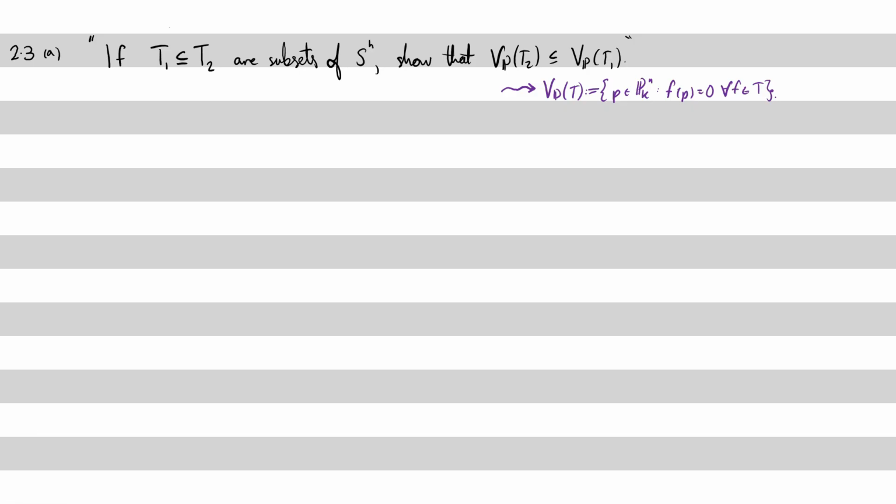The first part asks us to show that if we have two sets of homogeneous polynomials with one contained within the other, then the smaller one's vanishing set contains the larger one's. So what we should do is fix a point p within the vanishing set of the larger one and consider f in T1 arbitrary.